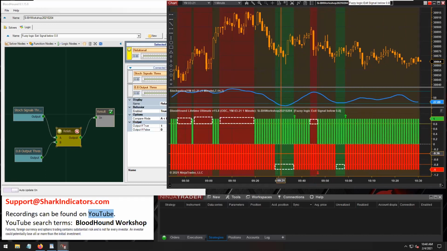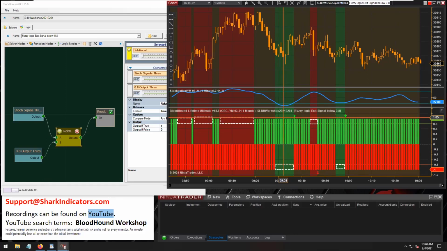Remember, here we had short entry signals, so we need a long signal here as our exit, but we can see right here we have a bunch of long signals. Obviously we don't want exit signals when we have short entry signals, because those would interfere with each other.